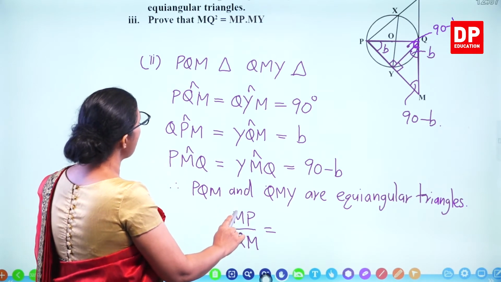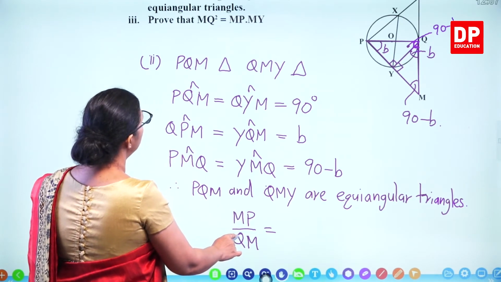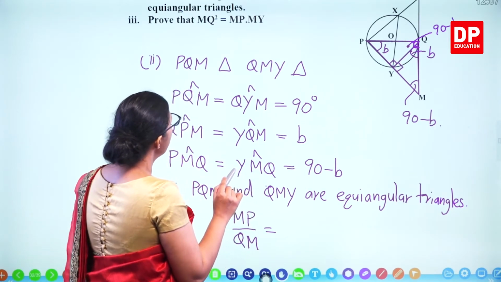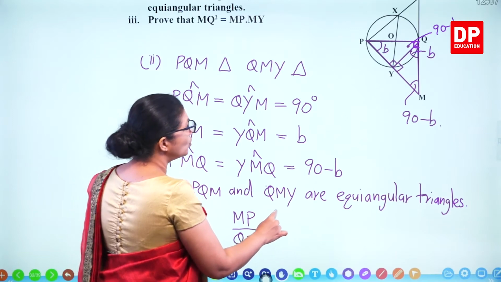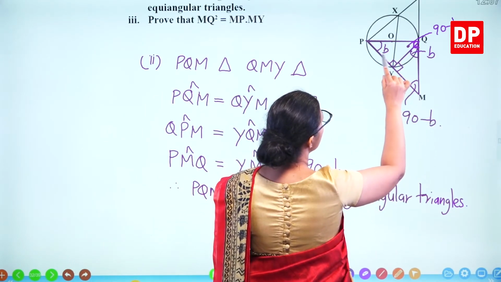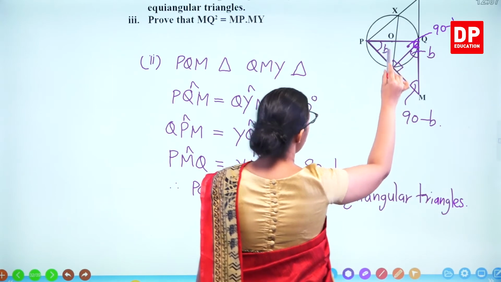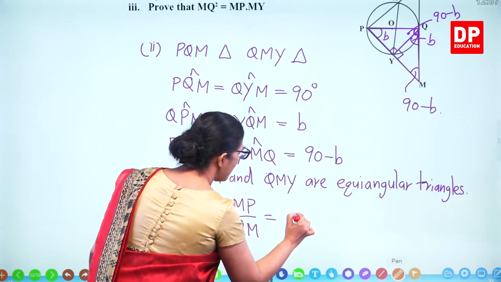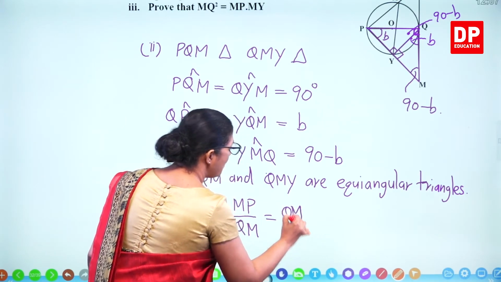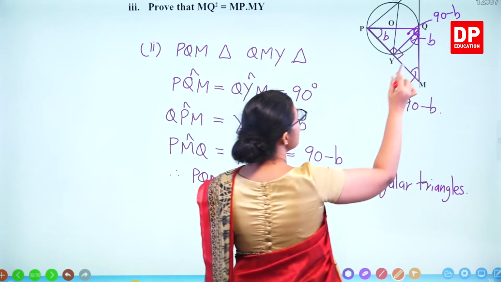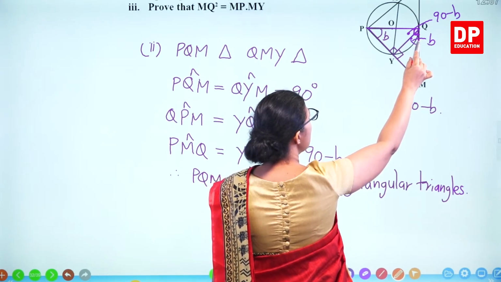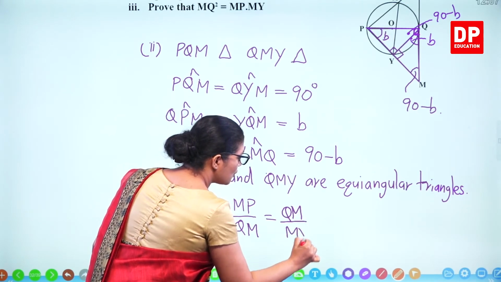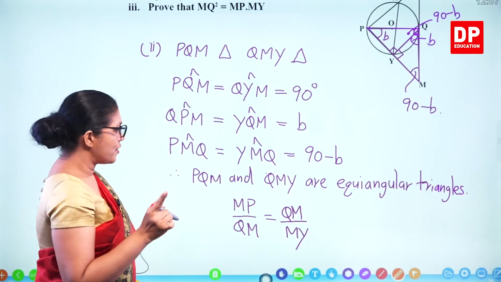So when you take MP, QM, so we need to take MQ. So what is MQ here? MQ is opposite to B angle. If you take the bigger one, that's MQ or QM. So what's the opposite to this one? B angle, that's MY. So those are the corresponding ratios.